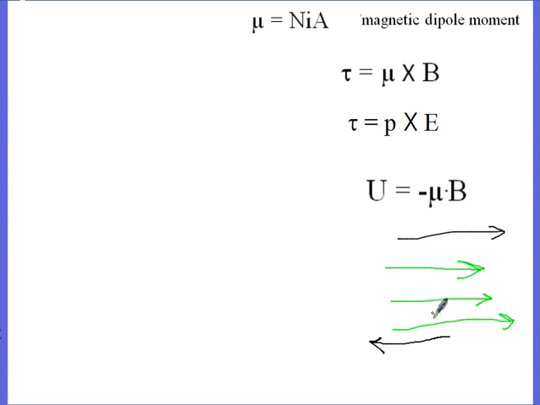That would be positive. And just like with the electric dipole, when it is perpendicular to the magnetic field, that would mean the area would be lying parallel, but the direction of the area is perpendicular to the magnetic field. That's where we would say you have zero potential energy.